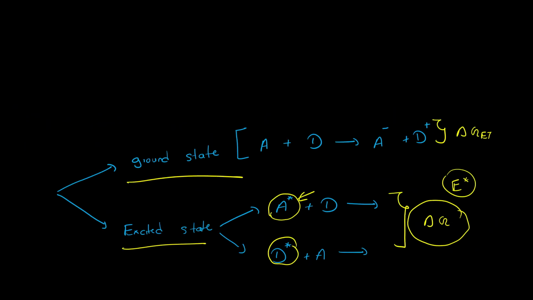In the ground state there is no excited state, so there is no additional term. This is the energy term for the donor and the acceptor. But when it comes to the excited state, there is an additional term to represent this excitation. This additional term contributes to our expression as a negative value, which further reduces our delta G value and makes the excited state electron transfer more feasible.